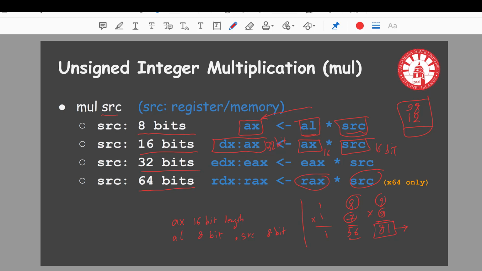We know RAX is 64-bit, and the result is going to be stored in RDX and RAX concatenation, which is 128-bit. As you can see in here, for the mul operation, register A and register D are both involved.